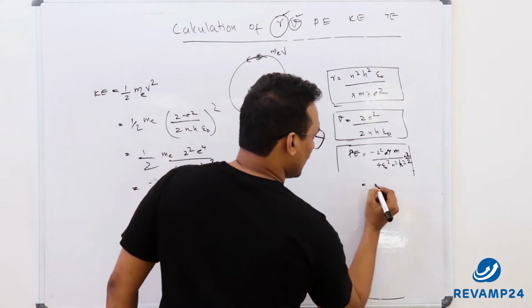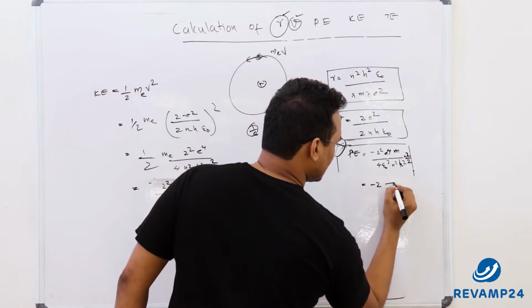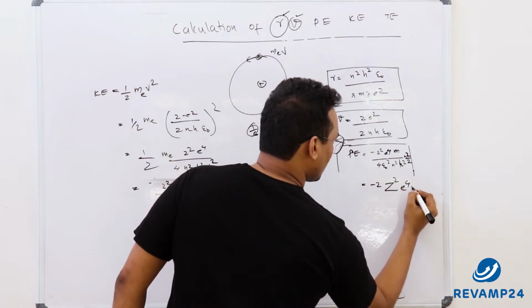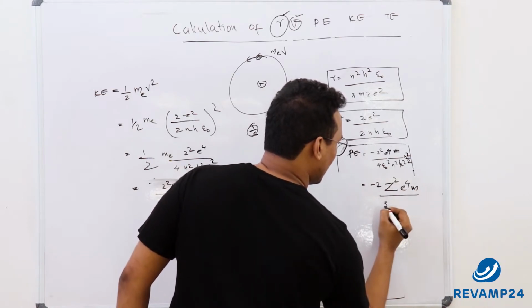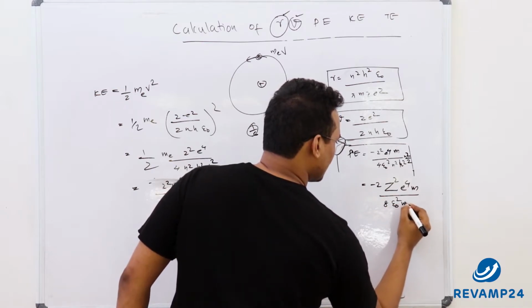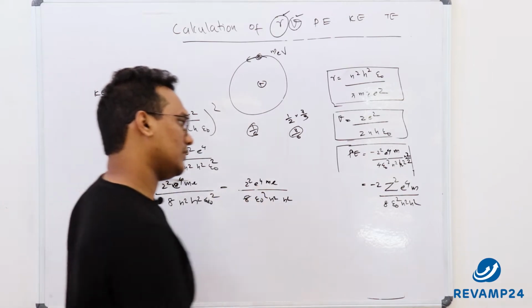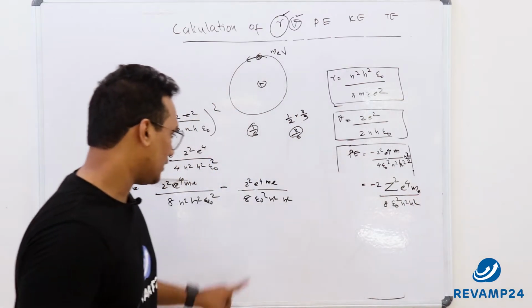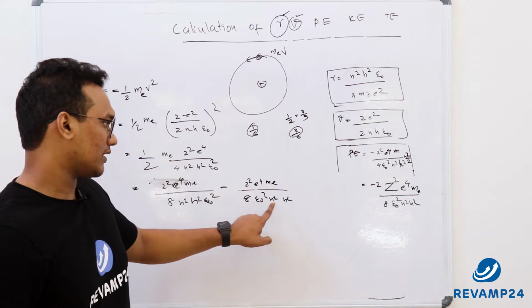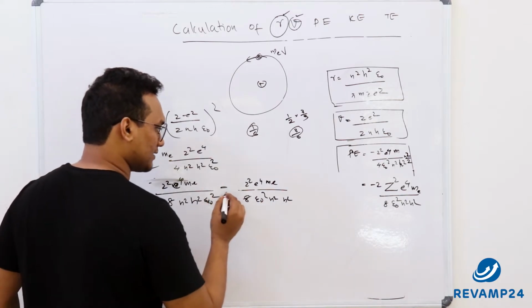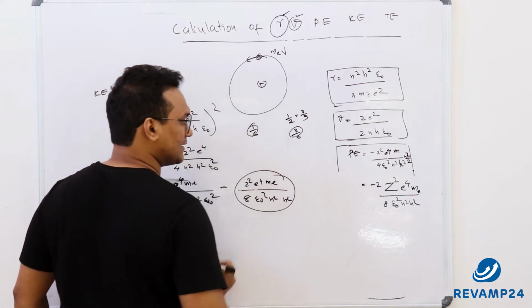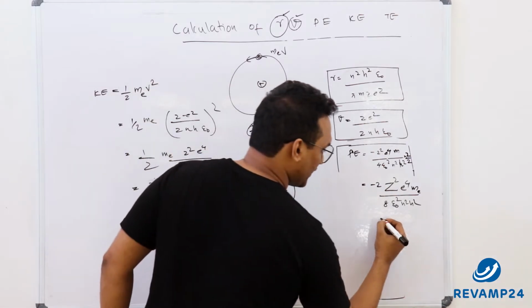So what will be the value? Minus 2 Z square e power 4 m divided by 8 epsilon 0 square n square h square. See, Z square e power 4 me is nothing but the mass of an electron, divided by 8 epsilon 0 square n square h square. The only difference is if the value is x here, then this value is minus 2x.